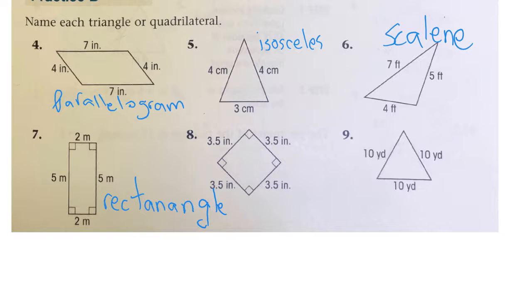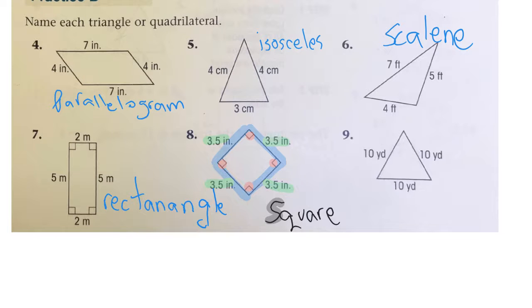And then for number 8, we have a four-sided figure that has 1, 2, 3, 4 sides. They are all 90 degrees, and they are all 3.5 inches. So we not only have a parallelogram, a rectangle, but because all the sides are equal, that makes this figure into a square.